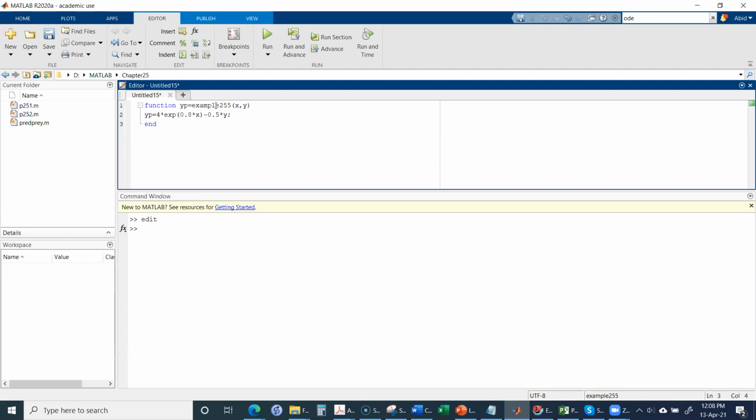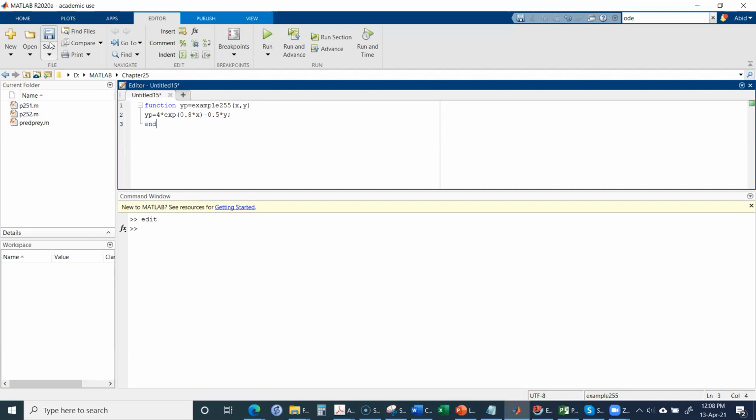Then you write the function name, example 255, and inside the parentheses we provide the independent and dependent variables. In the body of the function, we define the function, and then we end it.